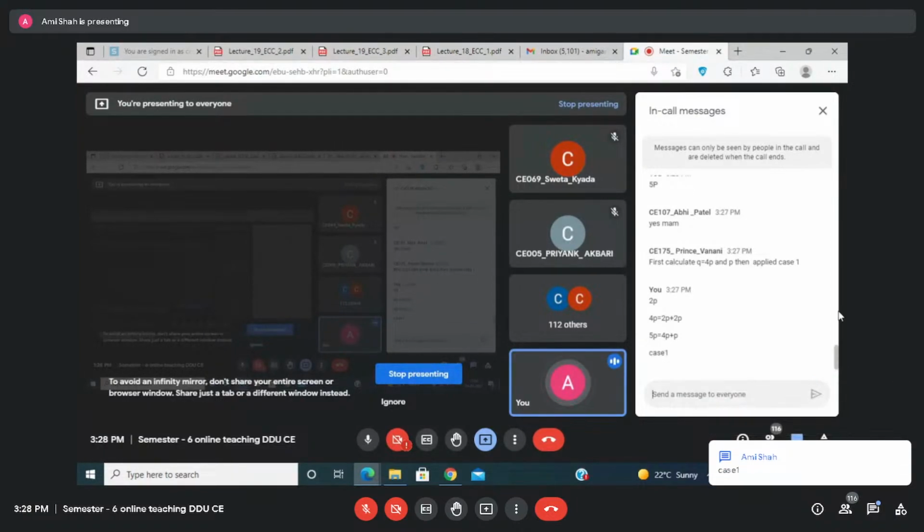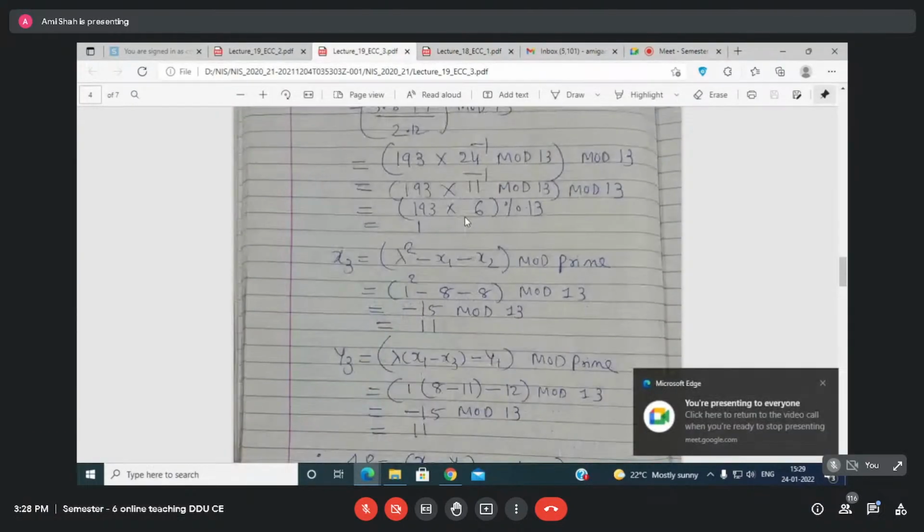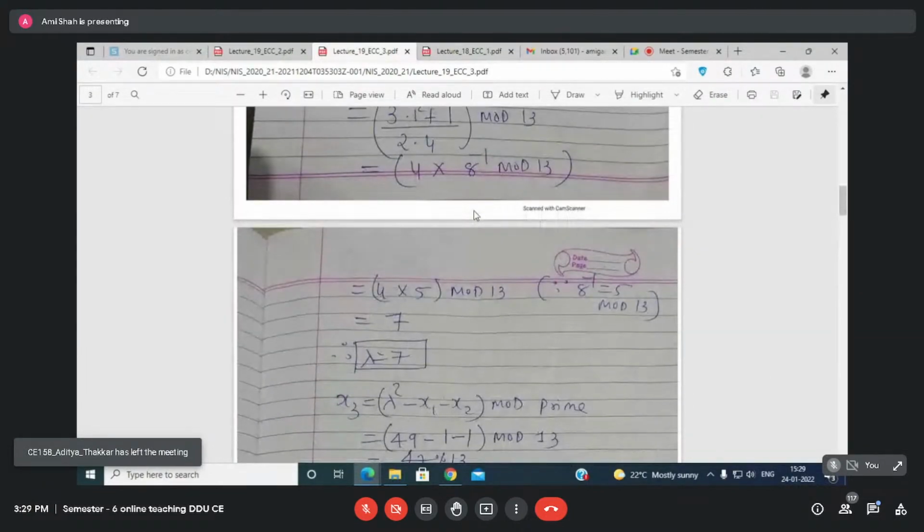Now is it clear to you all? Any doubt? So please calculate it and tell me the answer. All of you have this value 4P, (11, 11), and you have this point.